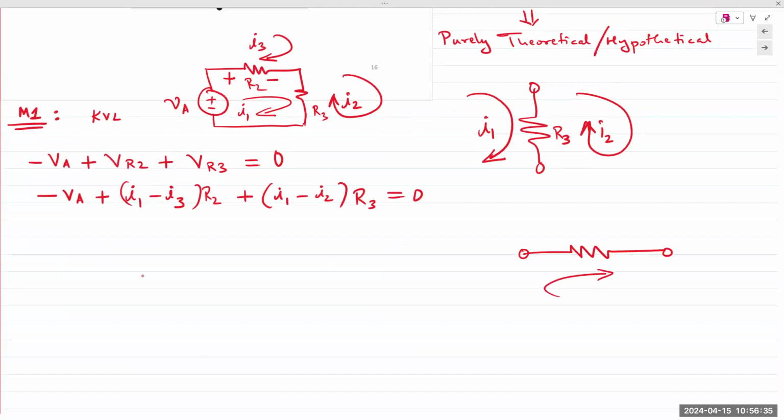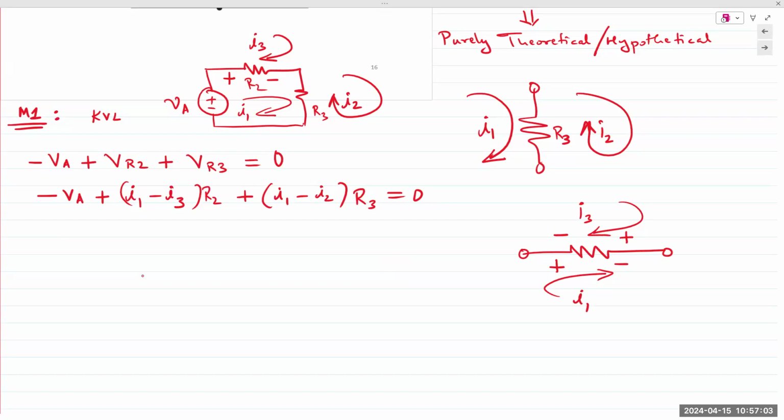We have I1 entering from the left. We have I3 entering from the right. Point of entry is? Anyone? Point of entry is always plus, point of exit is minus. Point of entry is plus, point of exit is minus.